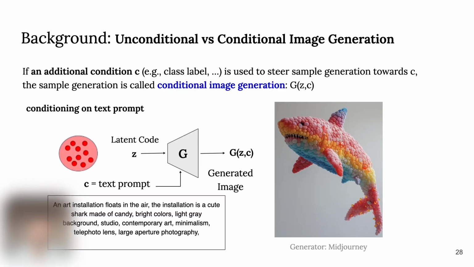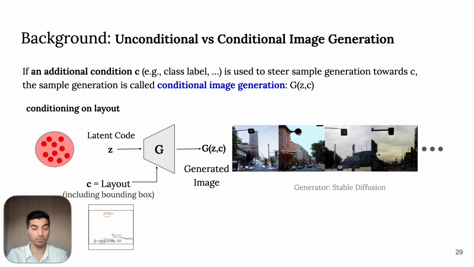This conditioning could be on text prompt. Here, C is a text prompt. We condition the generative model on this text prompt, sample a latent code, and the model generates an output image based on this text prompt and the sample latent code. We can also have conditioning on layout. For example, here we have C as a layout.